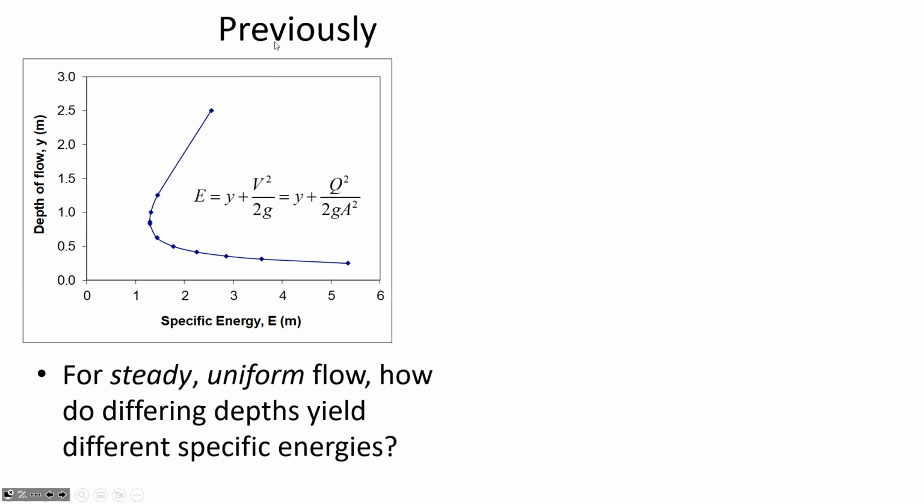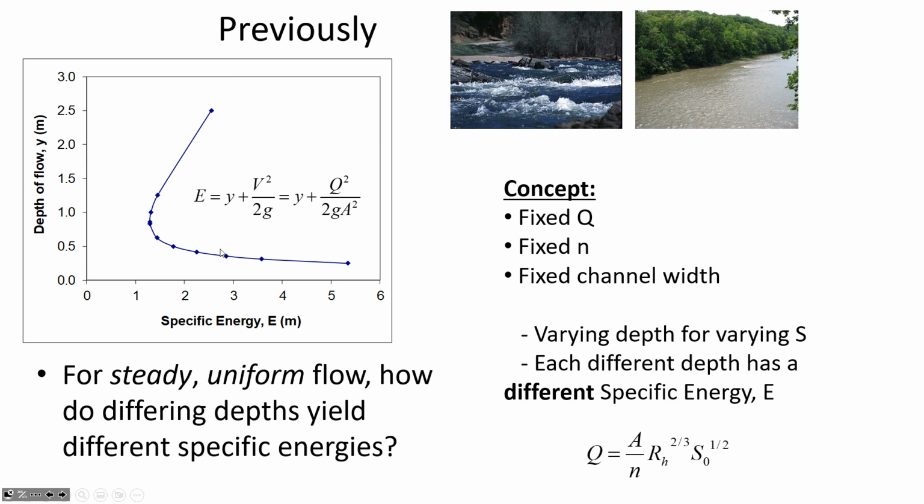remember that this diagram is called a specific energy diagram, and we can create one for a certain flow rate, with different combinations of depth and velocity. Each one of the locations on this curve has the same flow rate, but a different specific energy depending on what depth and velocity the water is going at.